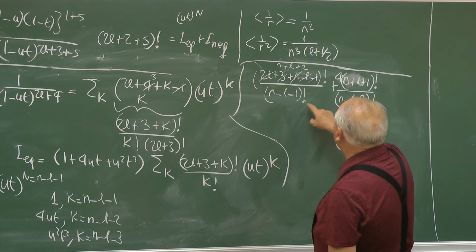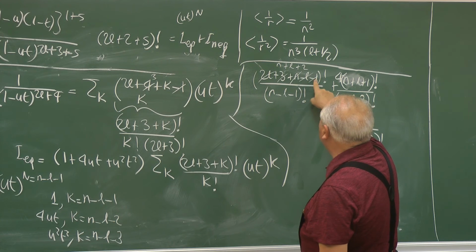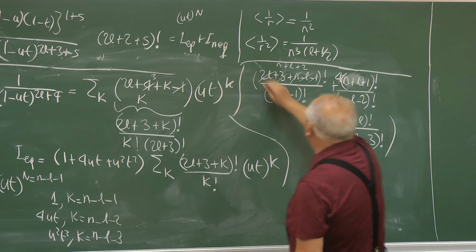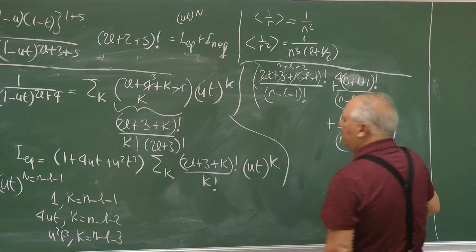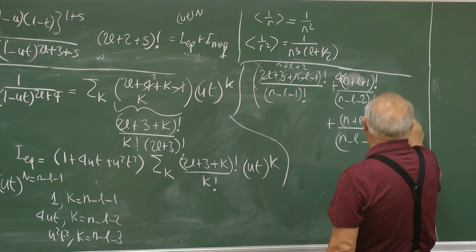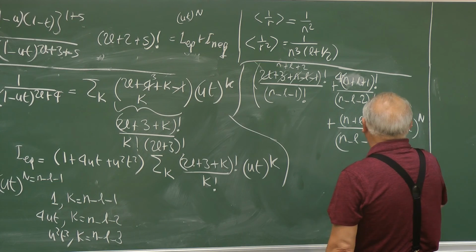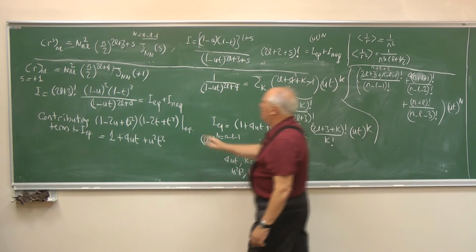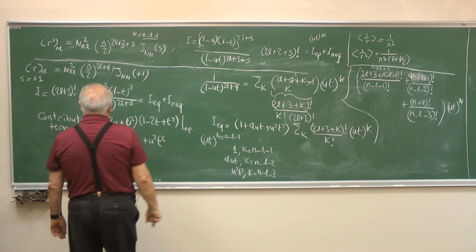In the last one, k is n minus l minus 3, so it cancels, n plus 3. So this whole thing is multiplied by (ut) to the n. So this is the factor J_nl we were looking for.